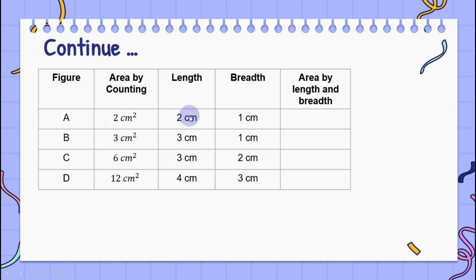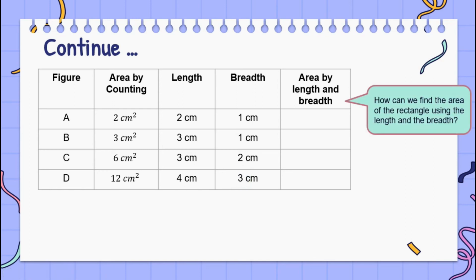As we know, the length is 2 and the breadth is 1. The length is 3 and the breadth is 1. The length is 3 and the breadth is 2. The length is 4 and the breadth is 3.